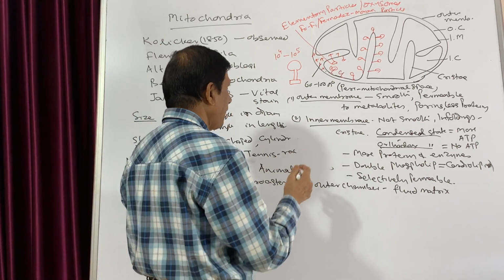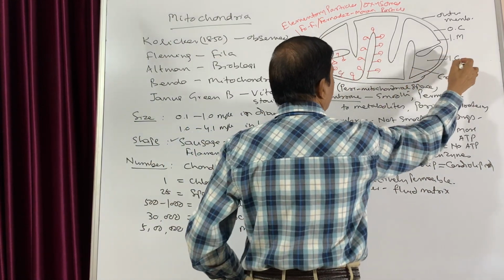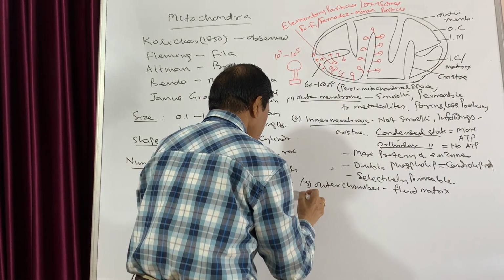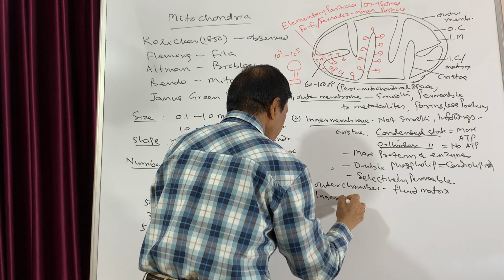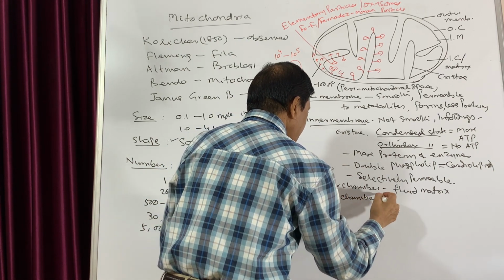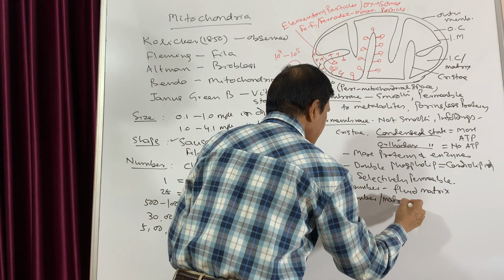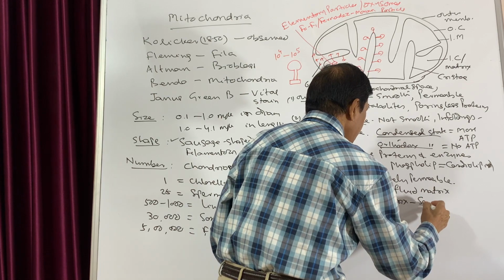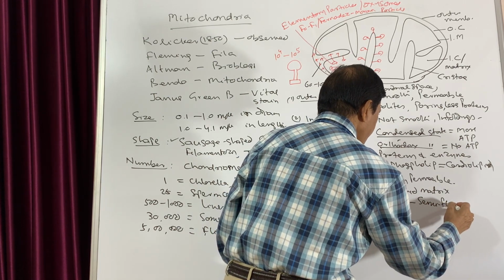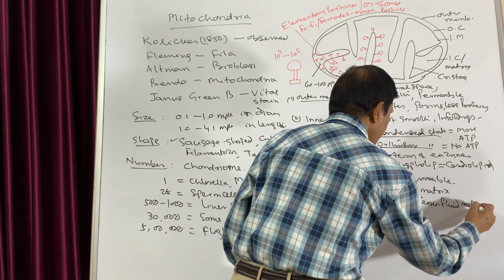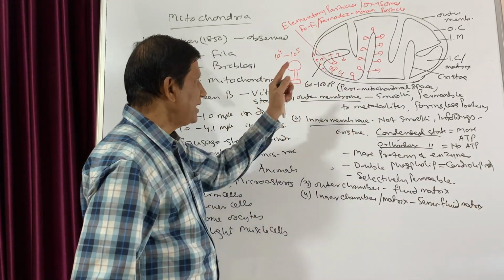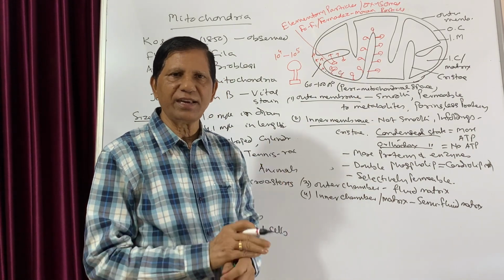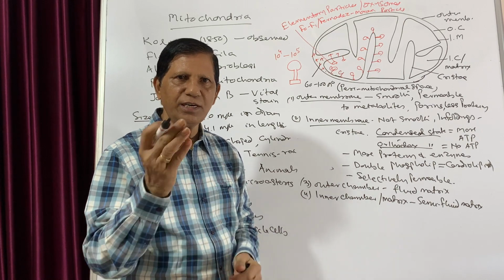Now the fourth one is the inner chamber, also known as the matrix. In the inner chamber there is a semi-fluid matrix, and it contains all the enzymes of Krebs cycle except succinic dehydrogenase.